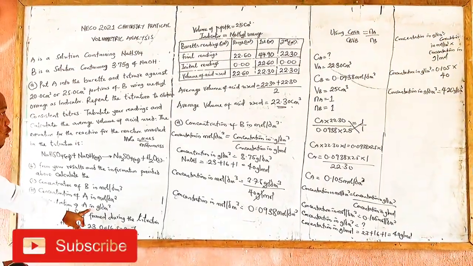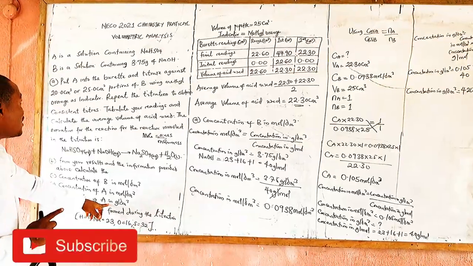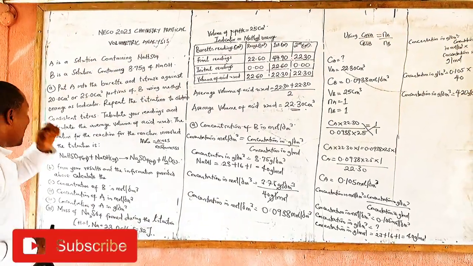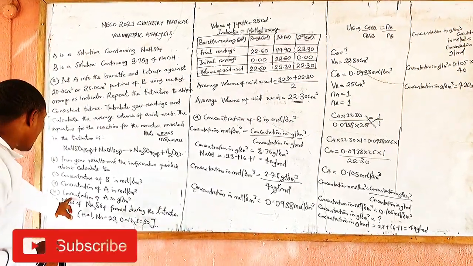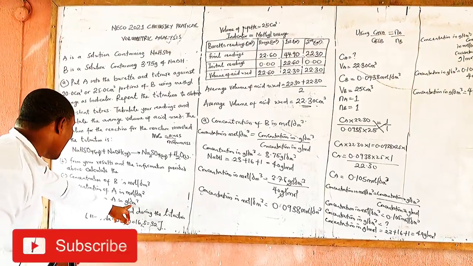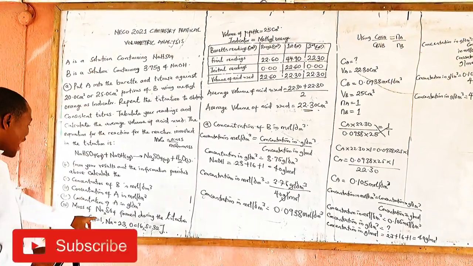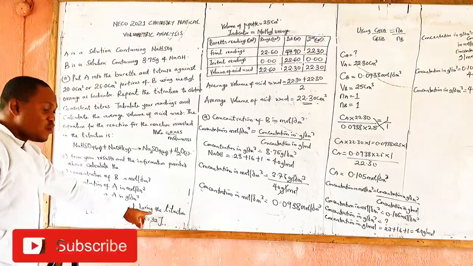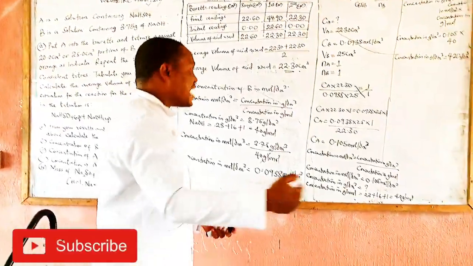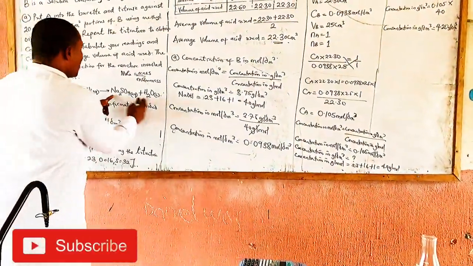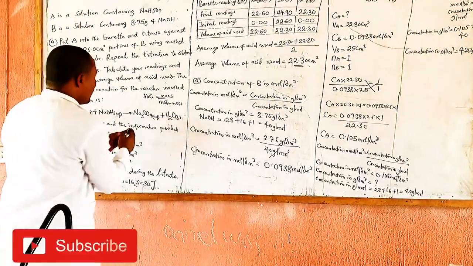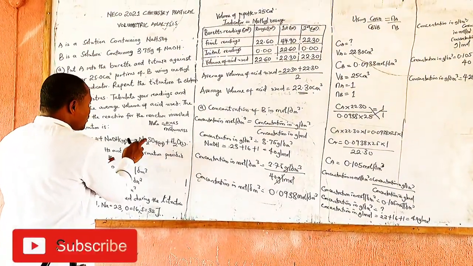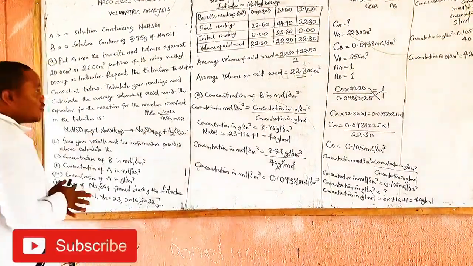Now, from here, which is our A now, please don't forget. So we now have the concentration of A in gram per dm cube, which we have sorted for now. Next, the mass of Na2SO4 formed during the titration. Because immediately I titrated, this is the product, sodium sulfate and water.